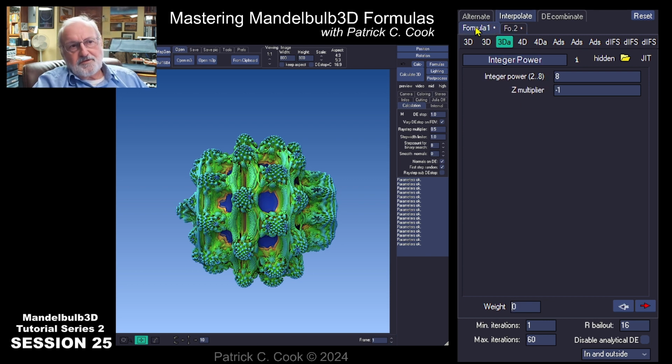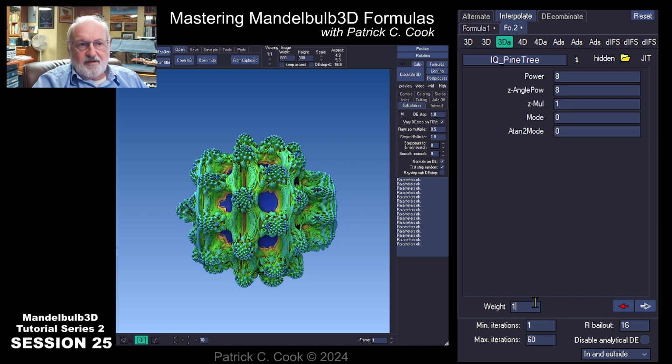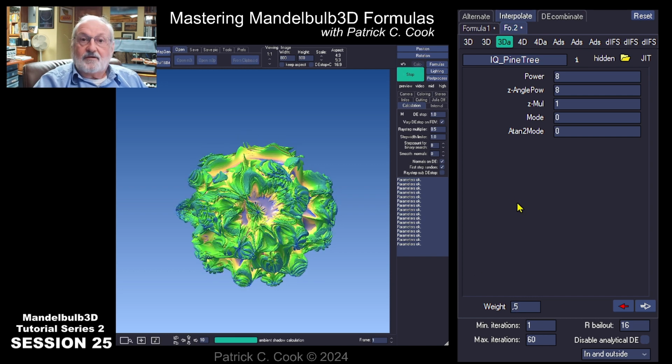Let's take this integer power. Let's set that to 1, and let's come over here and set the pine tree to 0.5 and execute that. All right.